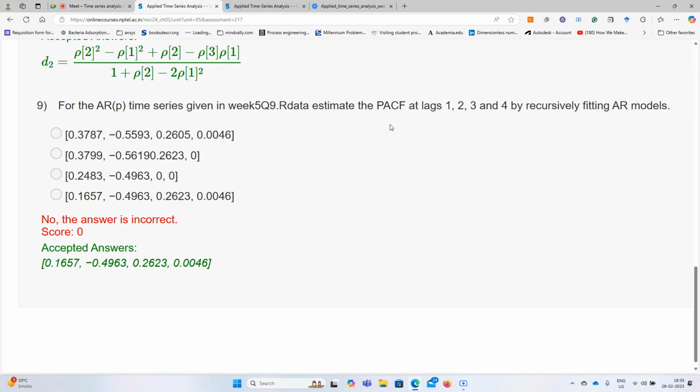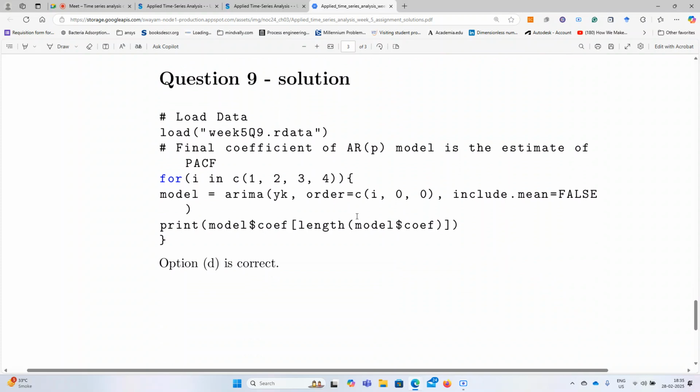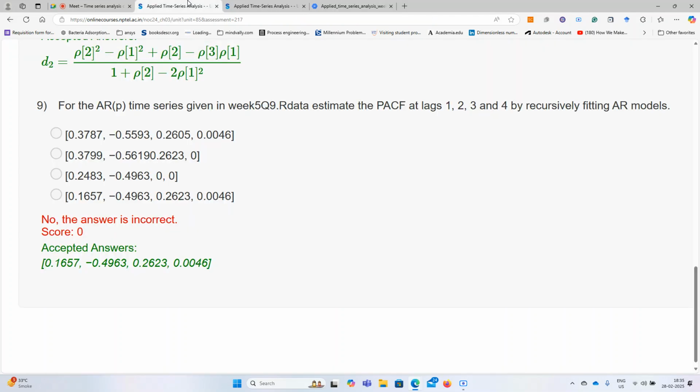So option D is the answer. You just have to write this small model. We have to take one by one. We have to fit each lag, and you can find the answer.